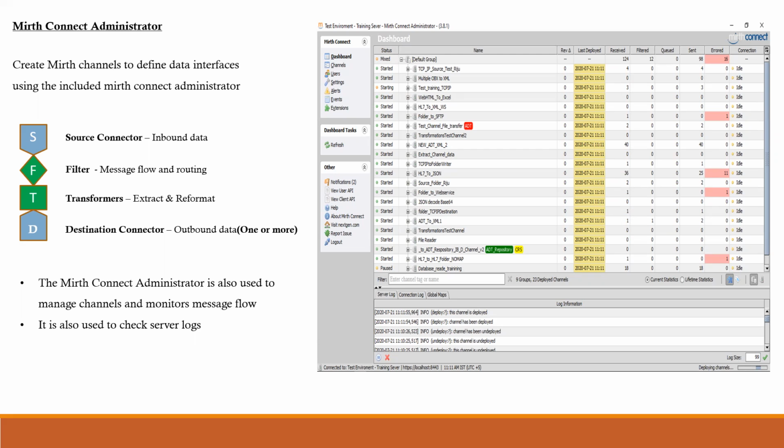Okay. So all of these interfaces that you're seeing, each one of them is a channel. So this is one channel, this is second one, this is third one, this is fourth one. Each of them are designed to go ahead and serve certain purpose. If you look at this one, I named it in such a way so that I can know what is the functionality that that particular channel is performing.